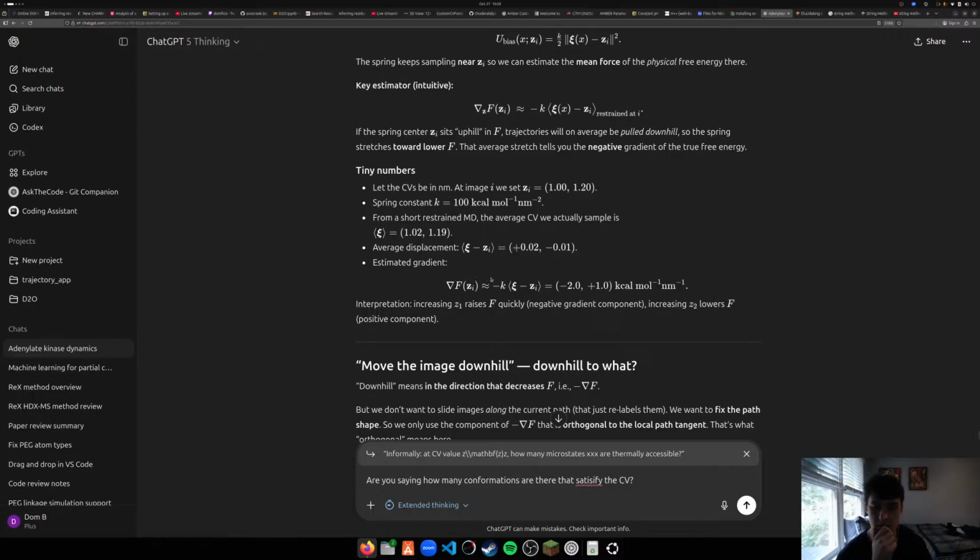Estimate the gradient. This is equivalent to this, which equals, so interpretation: increasing Z1. What do you mean by increasing Z1?